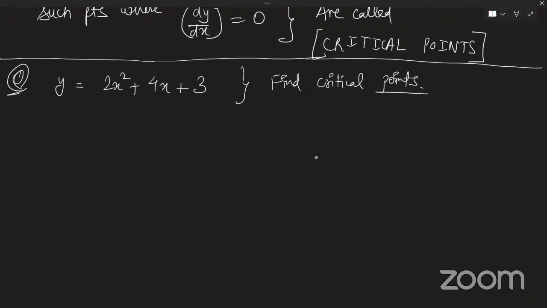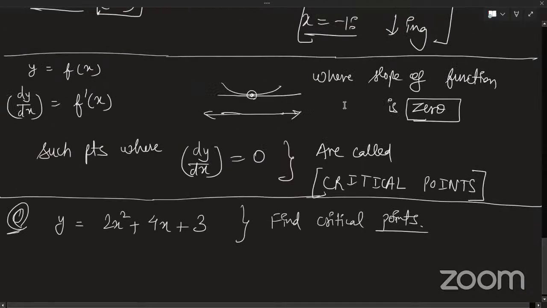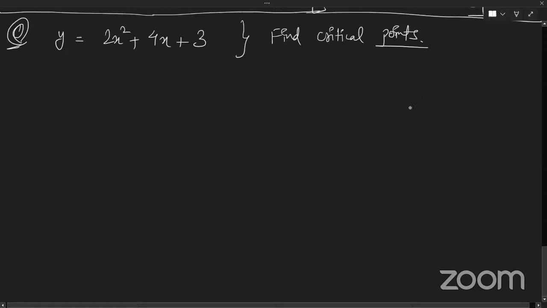See, what is the definition of critical point? No, that is not correct, but not an issue. I have told you earlier also: a critical point means where the slope of that function turns out to be 0. Yes, exactly. Great, you are doing awesome.